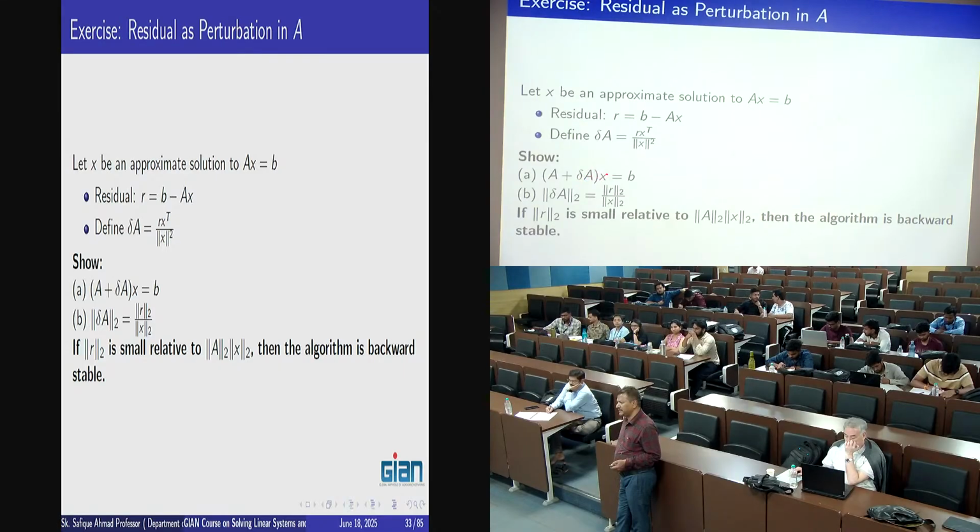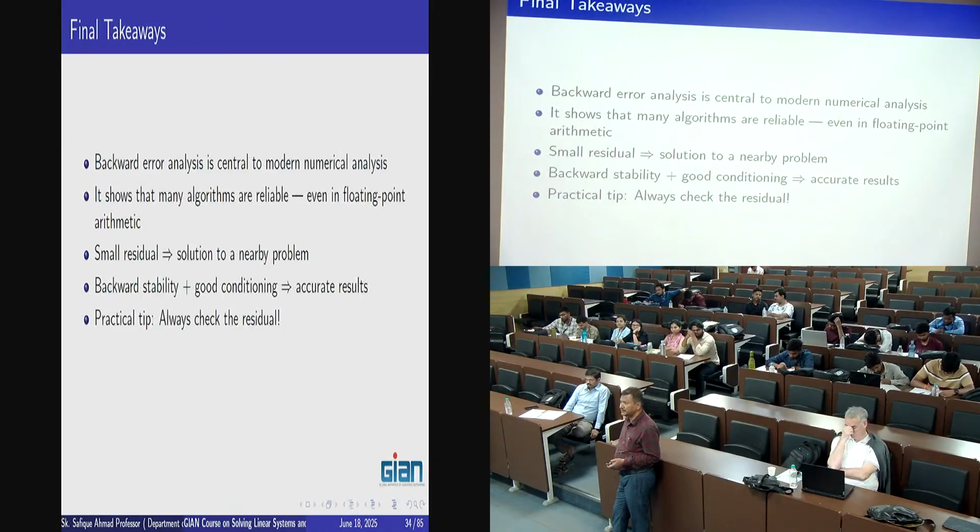You can see this approximate solution becomes the exact solution of the (A plus delta A) x equal to b problem. If this residual norm is small relative to the norm of A, then the algorithm is backward stable. This is the error in the input, called the backward error, and this is the error coming from the output.